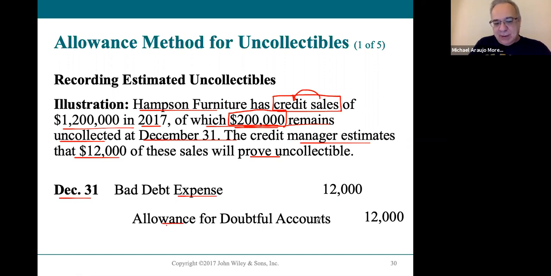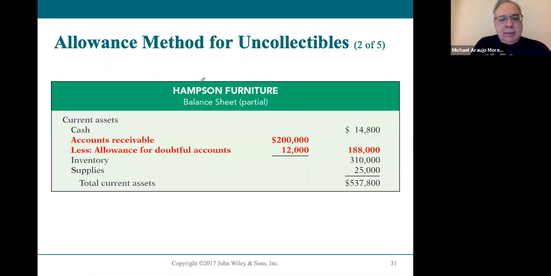And they're going to put that $12,000 in the allowance account. And this allowance account is going to be carried forth through the year, okay, on their balance sheet. Remember, bad debt expense, income statement. Income statement accounts close every year. Balance sheet accounts never close. Right? So their balance sheet will look like this.